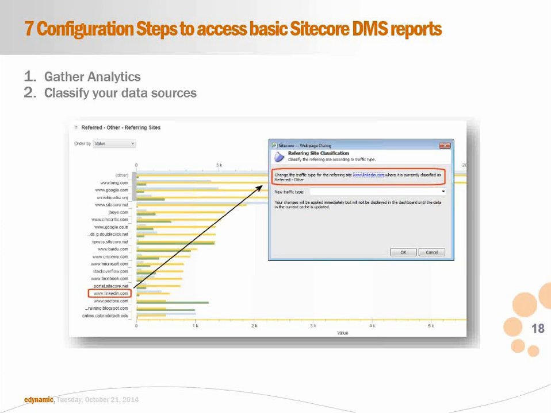Sitecore DMS is not configured by default when we configure Sitecore for building the website. We need to configure Sitecore DMS, which will populate your analytics database. That's the trick. Once we configure Sitecore DMS, your analytics database starts populating.